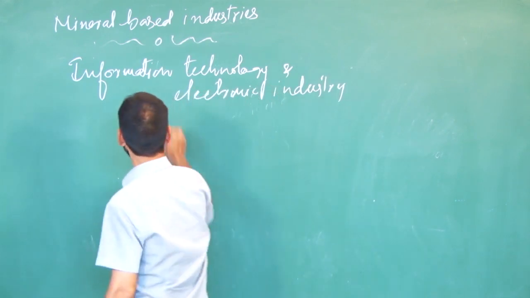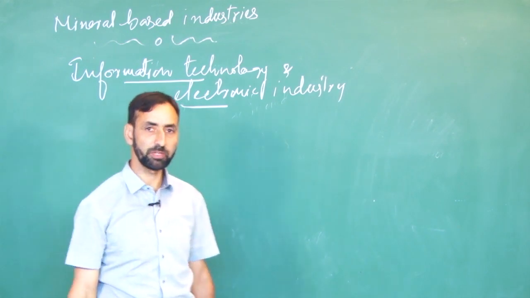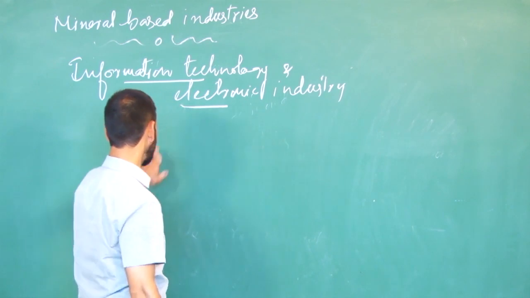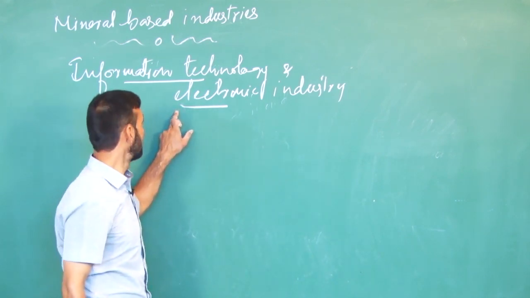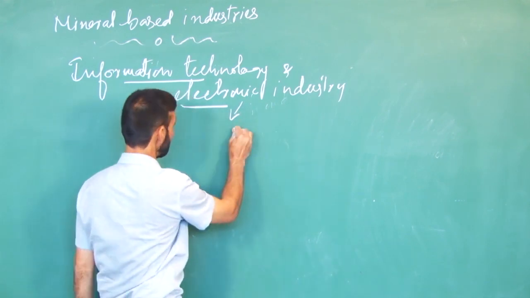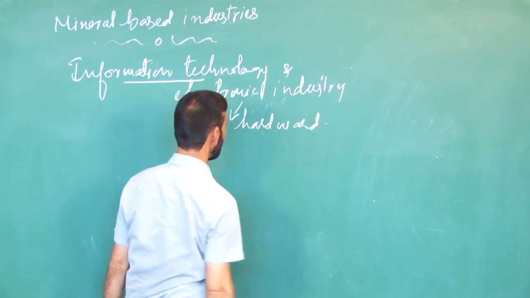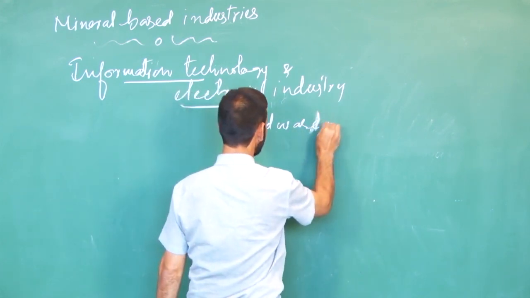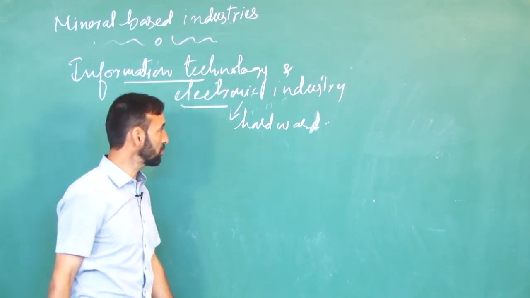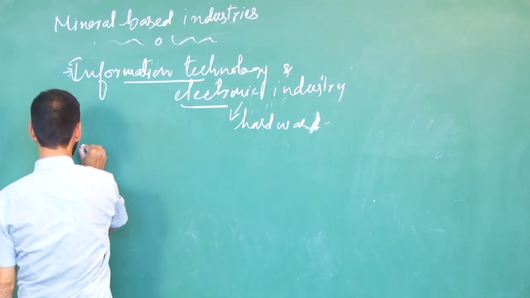You know, information technology has provided us better communication between different parts of the world, among the different countries of the world. The electronic industry especially has provided the hardware. Information technology has provided the software, which is most important in order to communicate with different people in the world.